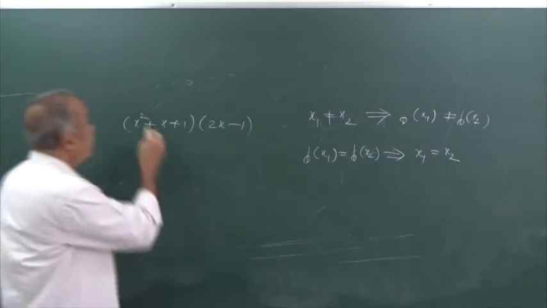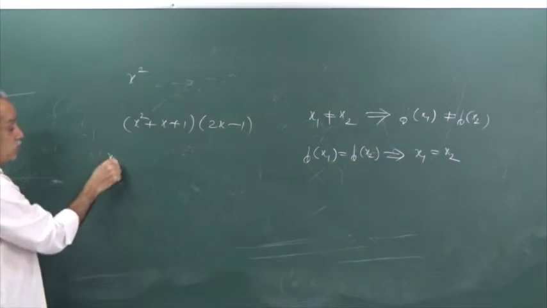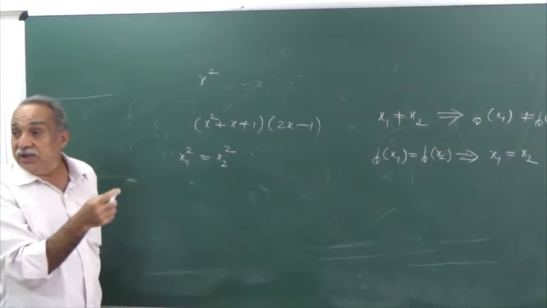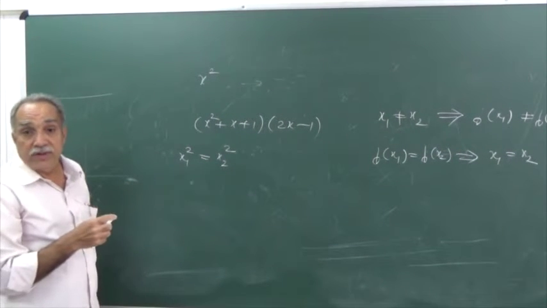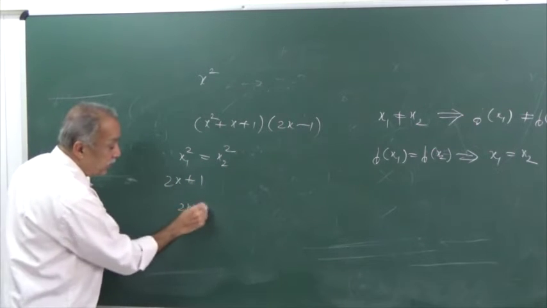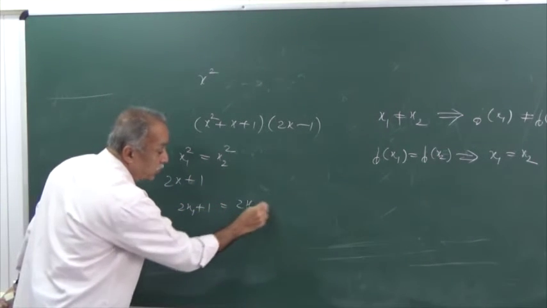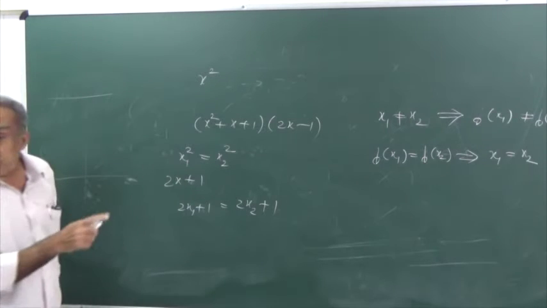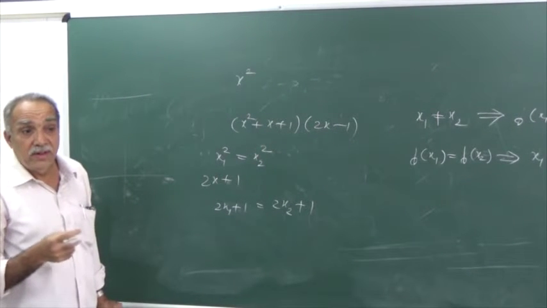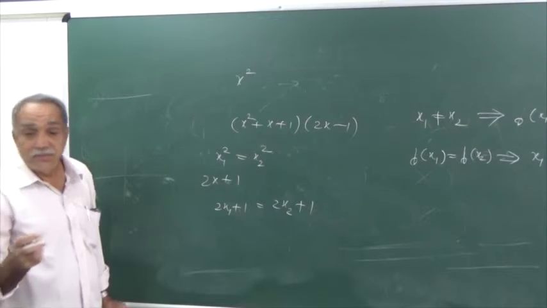For example, consider x square. x1 square equal to x2 square means x1 equal to plus or minus x2. The function is not 1-1. Consider 2x plus 1. 2x1 plus 1 equal to 2x2 plus 1 implies x1 equal to x2. The function is 1-1. Hope it is clear.